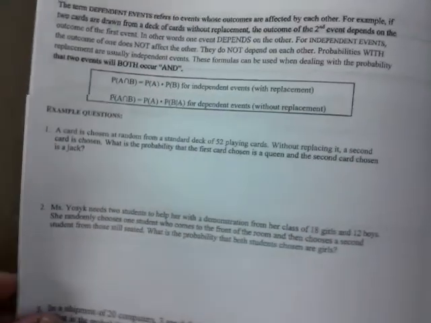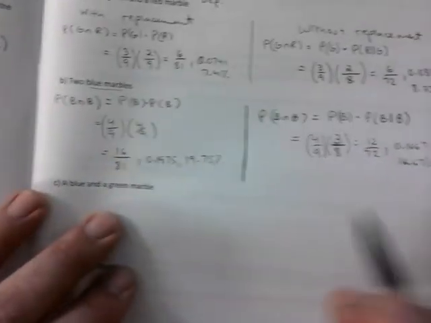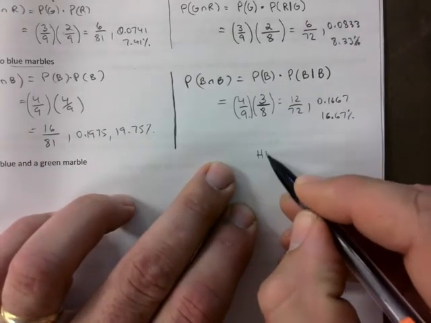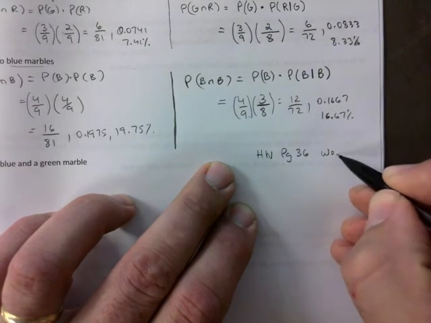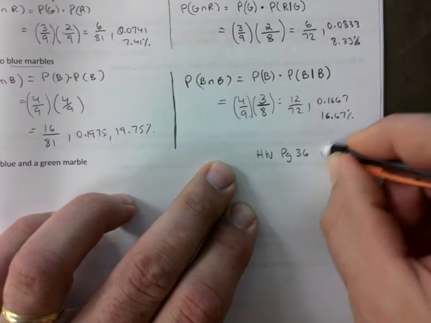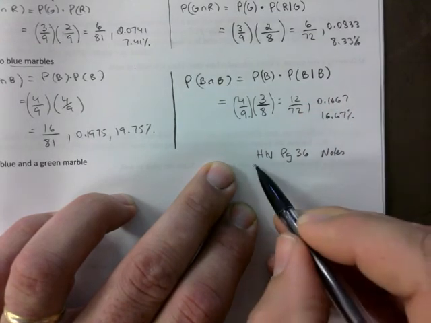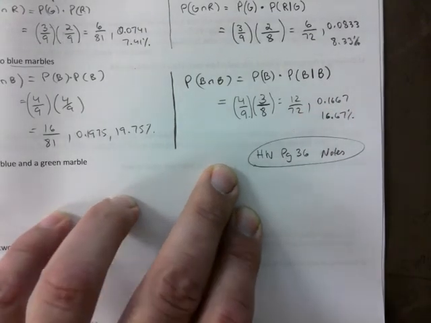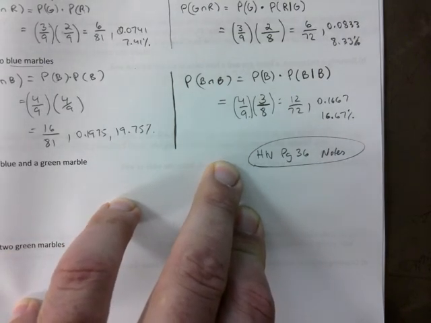Page 36 is your homework. Looks like this. I'm going to write it in right here: Homework, page 36 in the workbook. Sorry, in notes. You don't have a workbook. My grade 11 applied class does. So just try that page. Thank you guys. Have a great day.